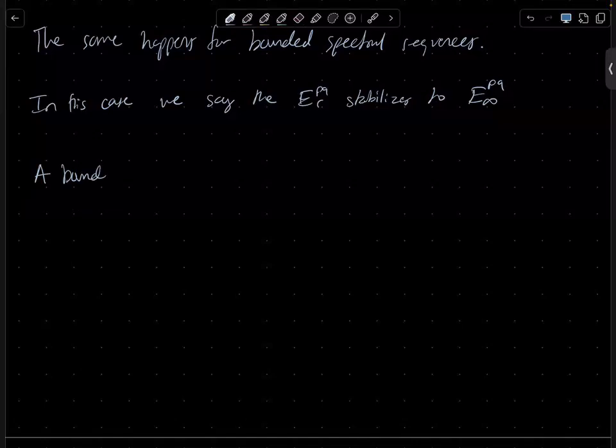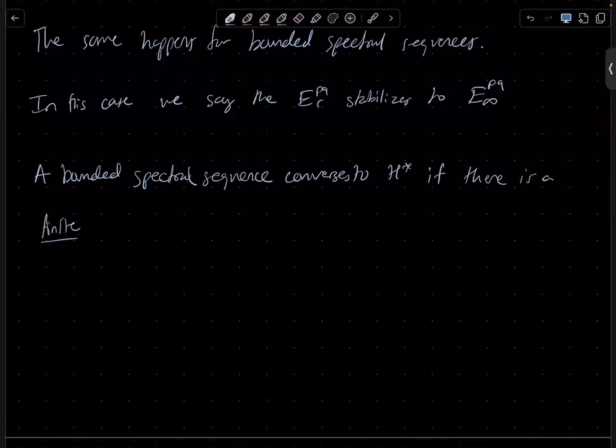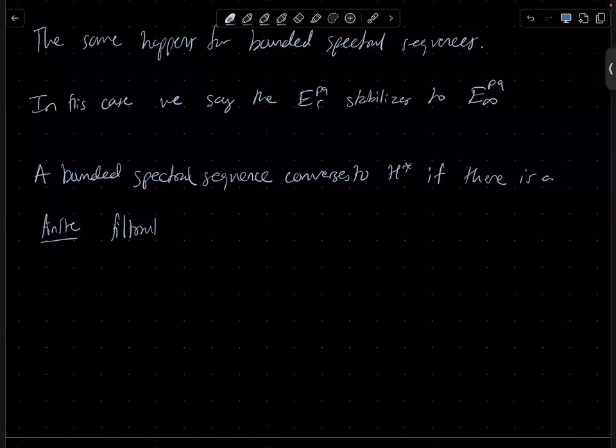A bounded spectral sequence converges to H asterisk if there is a finite filtration of Hn for each n.